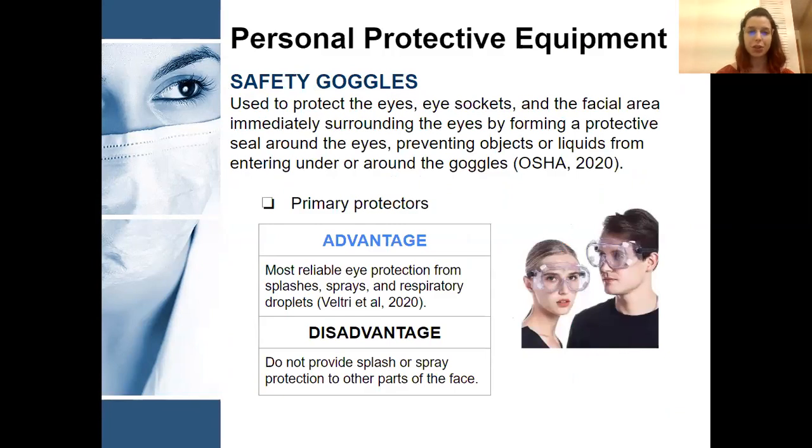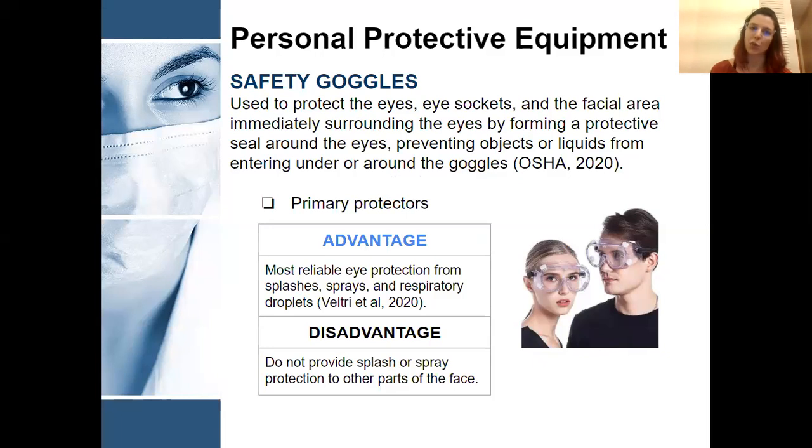Safety goggles are used to protect the eyes, eye sockets, and facial area immediately surrounding the eyes by creating a protective seal around the eyes, preventing objects or liquids from entering under or around the goggles. These are the primary protectors, meaning that they are preferred in high-risk situations for exposure to respiratory droplets.